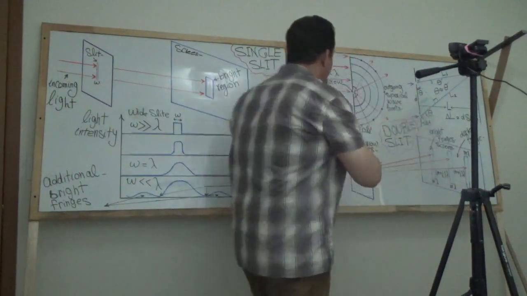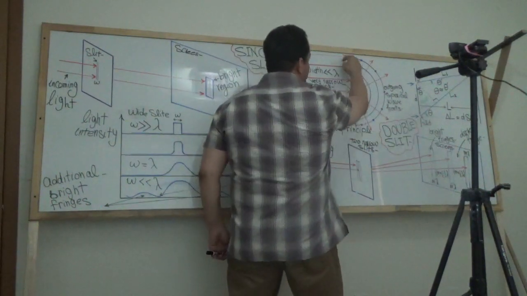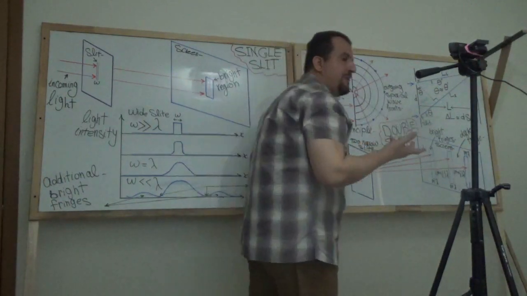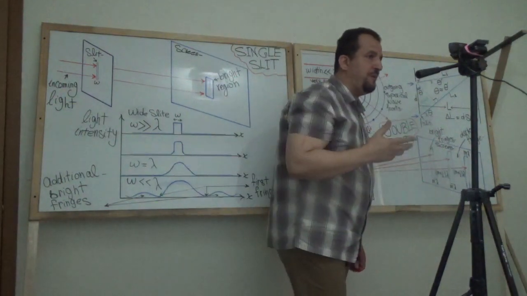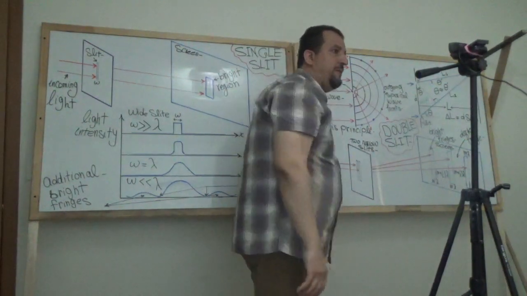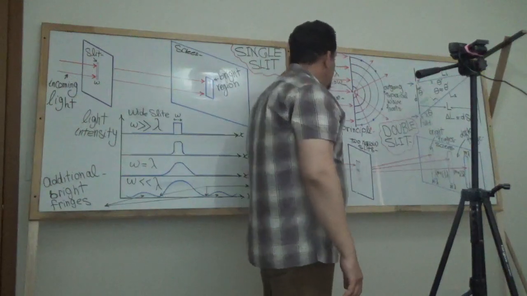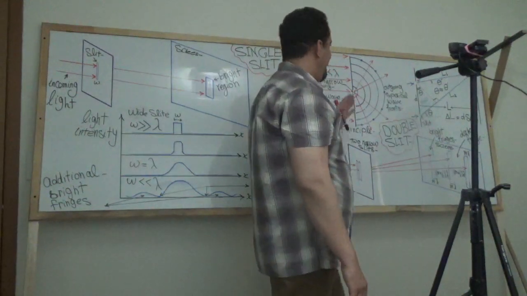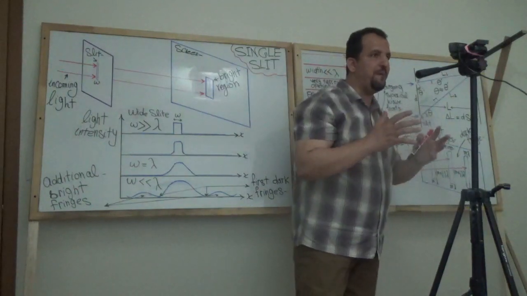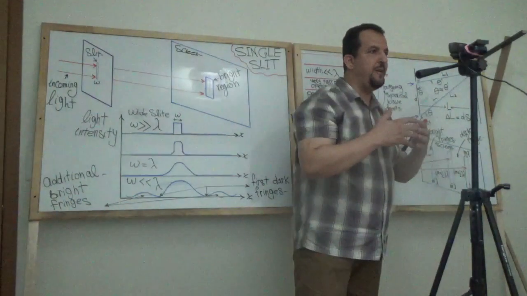Also, if we go back to the plane waves, each point on the plane waves can be considered as a new source of a spherical wave. So this is what Huygens told us, and this is very nice. This can help us to understand a very important thing, which is interference.